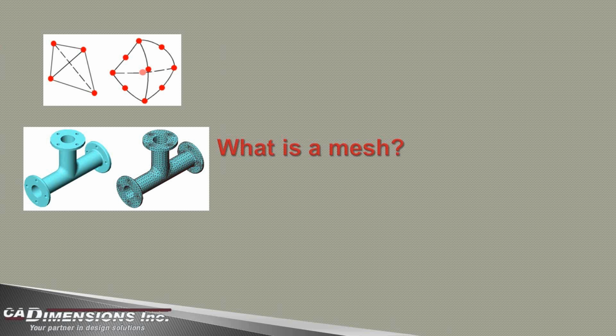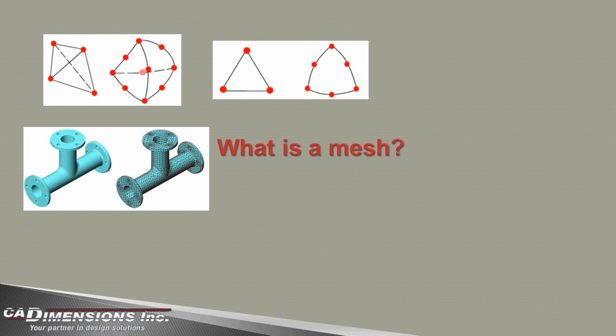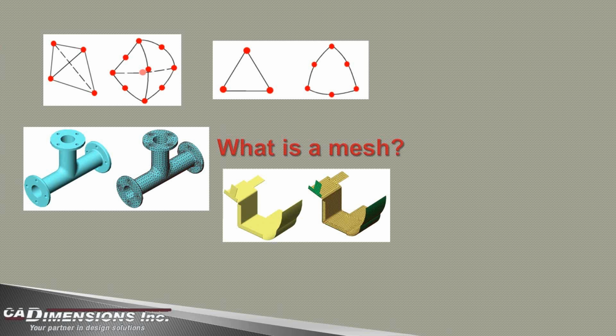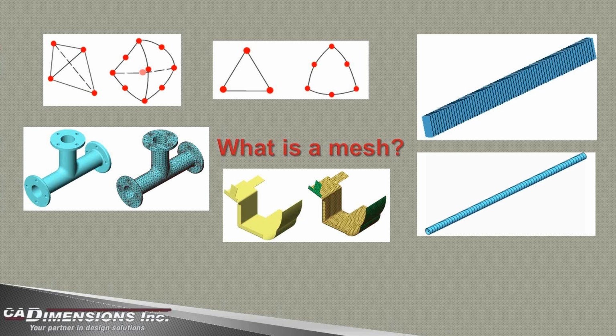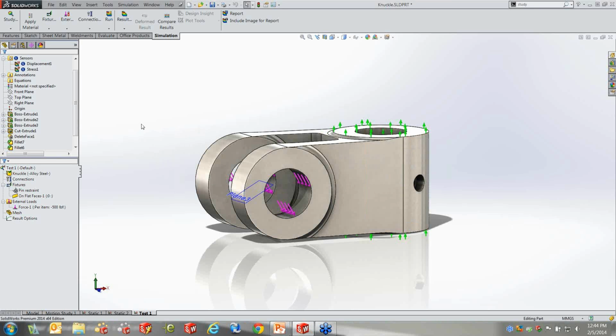Now, this you must know about SOLIDWORKS when it comes to meshing. We don't just have one type of mesh. There's actually a three-dimensional triangle, a two-dimensional triangle, good for sheet metal parts. There's also beams and trusses. Now, the great thing about SOLIDWORKS simulation is it's going to help you to make that decision about what type to use automatically. So I want to show you a little bit of this using this model here.